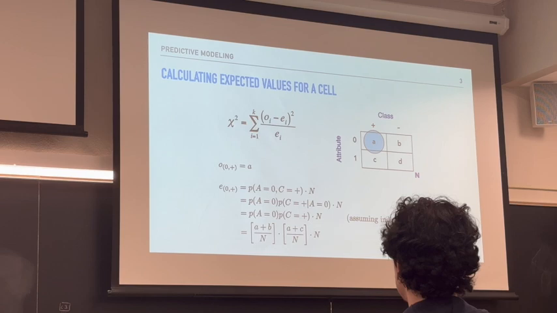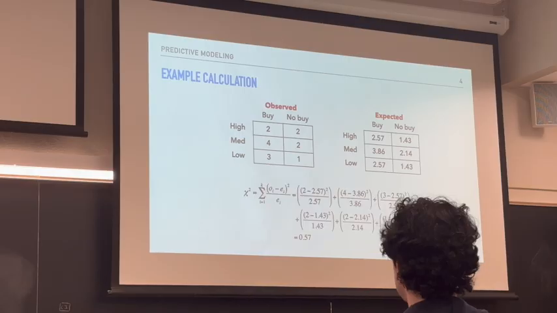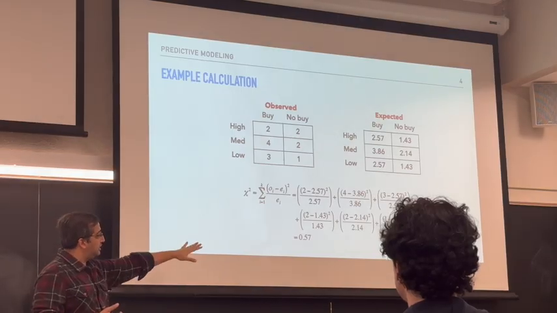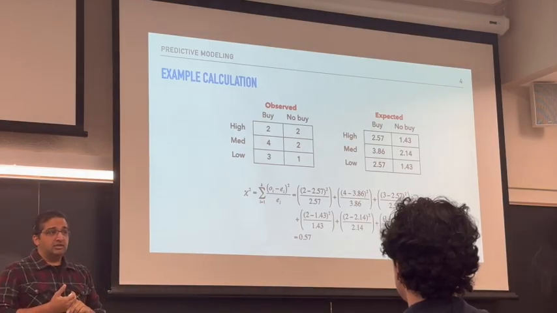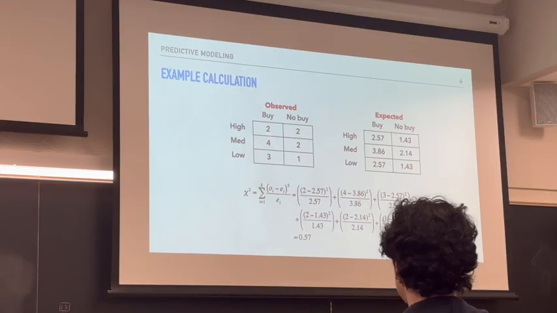Now we compare the actual value, the observed value, which is what the data actually tells you, with the expected value that you just calculated under the null hypothesis. You plug it into the formula, and that's the chi-square statistic that you get. The higher this is, what can I say about my null hypothesis?